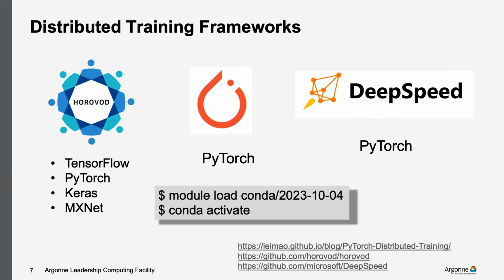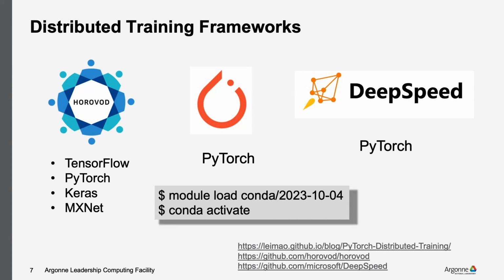And then in terms of distributed training frameworks, currently the popular schemes are Horovod, DDP, and DeepSpeed. Horovod is very general. It supports TensorFlow, PyTorch, Keras, MXNet. DDP is built into the PyTorch core, so it only supports PyTorch. And if you are using PyTorch, you can also use DeepSpeed. DeepSpeed is very common.